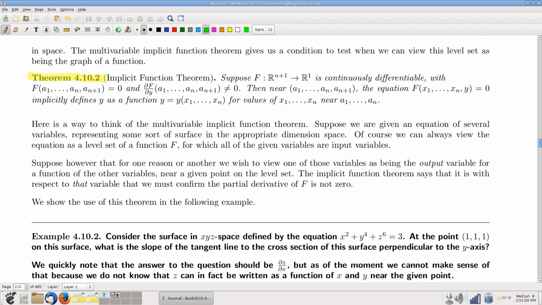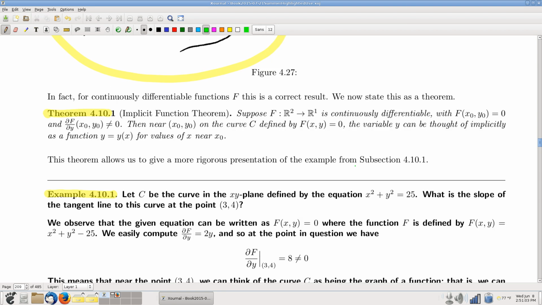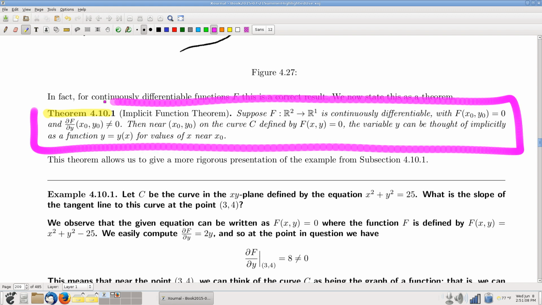If you go back over here to our single variable implicit function theorem, if you have a curve that's a level set, and if the partial of f with respect to y is not 0, then the variable y can be thought of as a function of x locally. Everybody happy on that one?